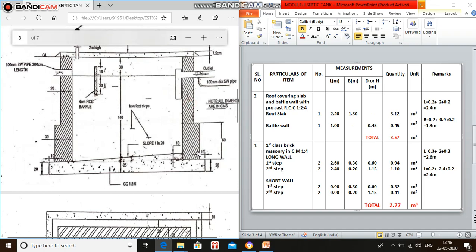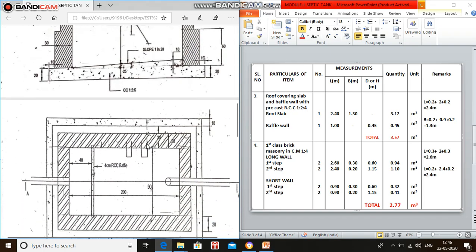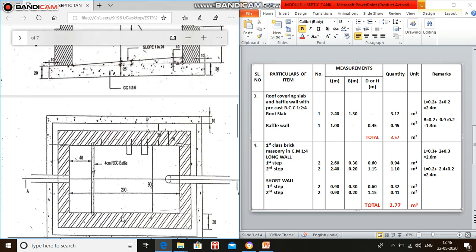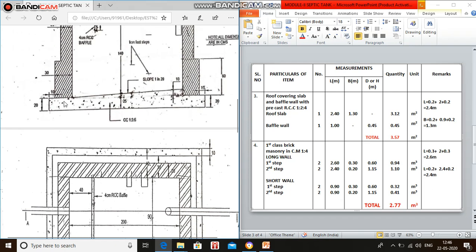Coming to step 1, we have 2 numbers, 1 plus 1, total 2 number of long wall, and the inner dimension is 2 meter plus first step width 0.3. Here you can see the 0.3 on either side. 2 plus 0.3 plus 0.3, 2.6 meter, and width of the step is 0.3 and depth is 0.6 meter.